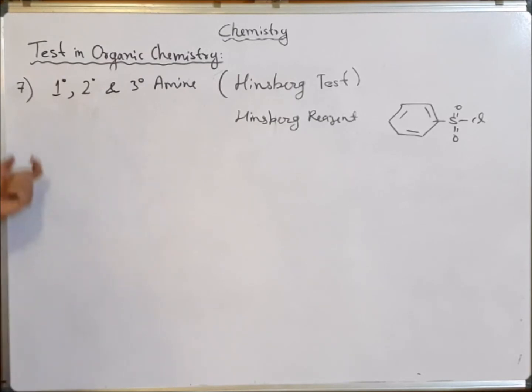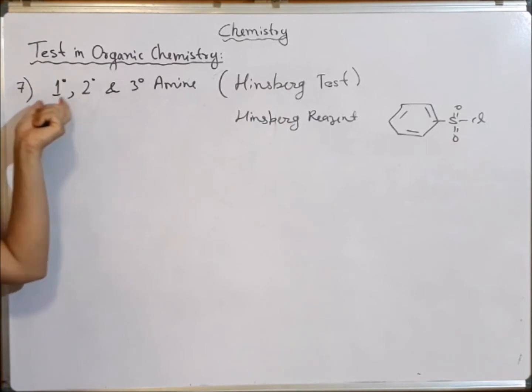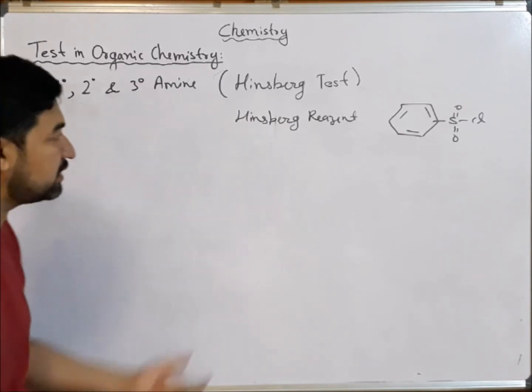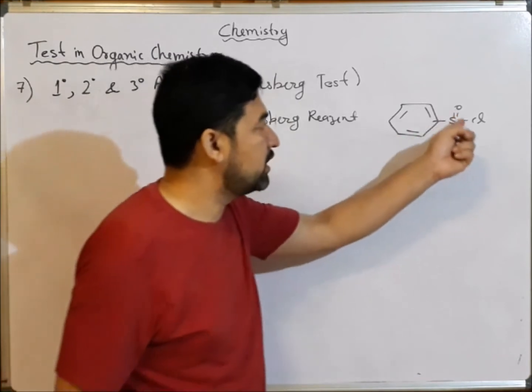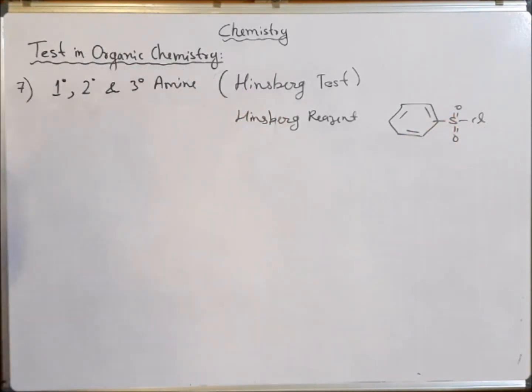The next is primary, secondary and tertiary amines. How do we distinguish among them? One of the tests is called the Hinsberg test, in which we use the Hinsberg reagent, that is benzene sulfonyl chloride. The structure is benzene, S double bond O, Cl.